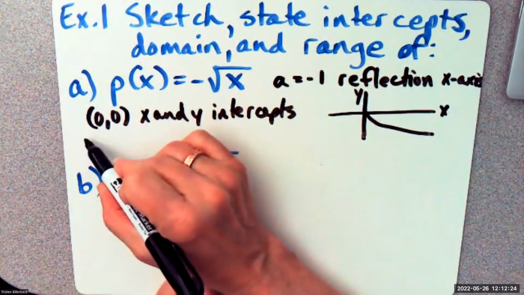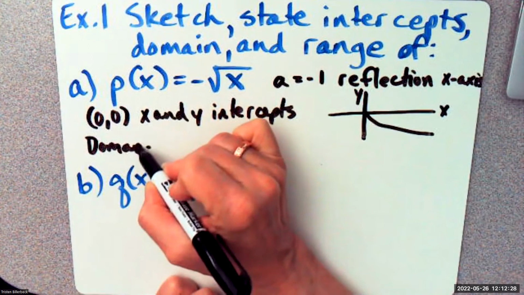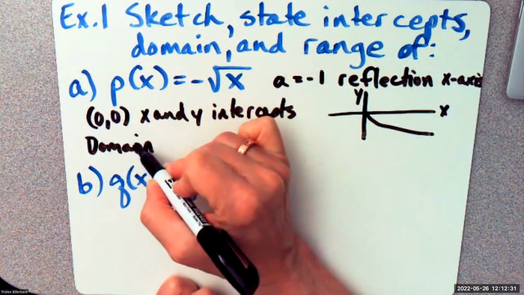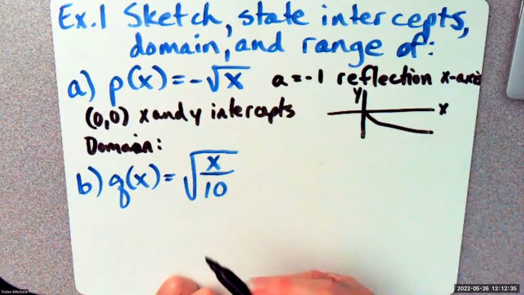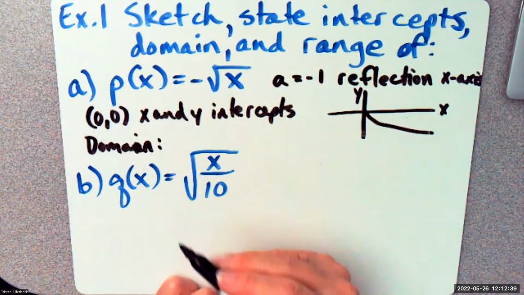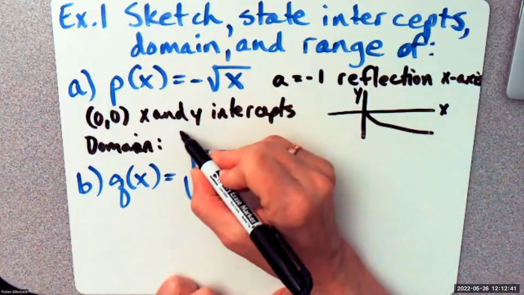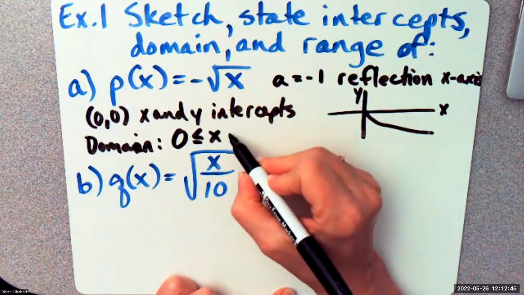Okay, our domain. We can write it in inequality format, or we can use the brackets and parentheses. So we know it includes 0 and it goes to infinity.